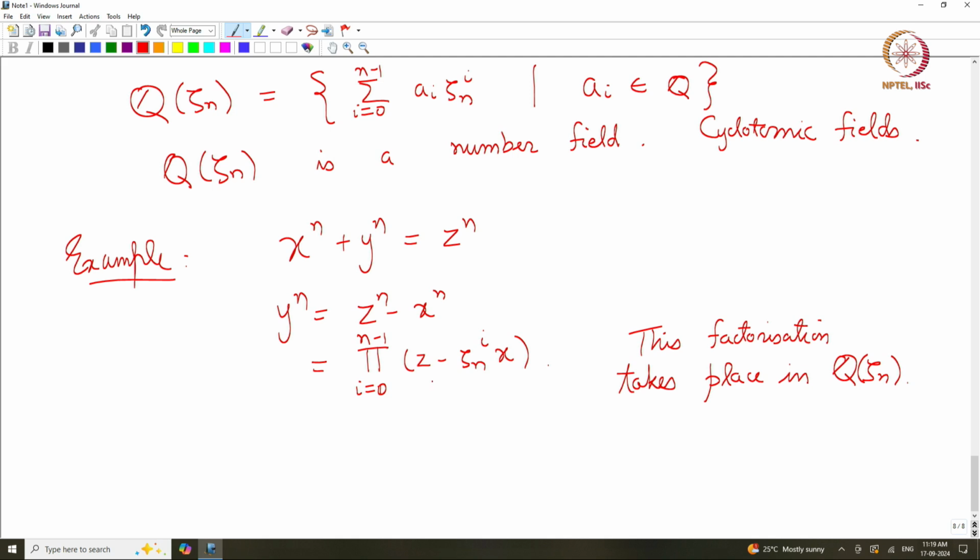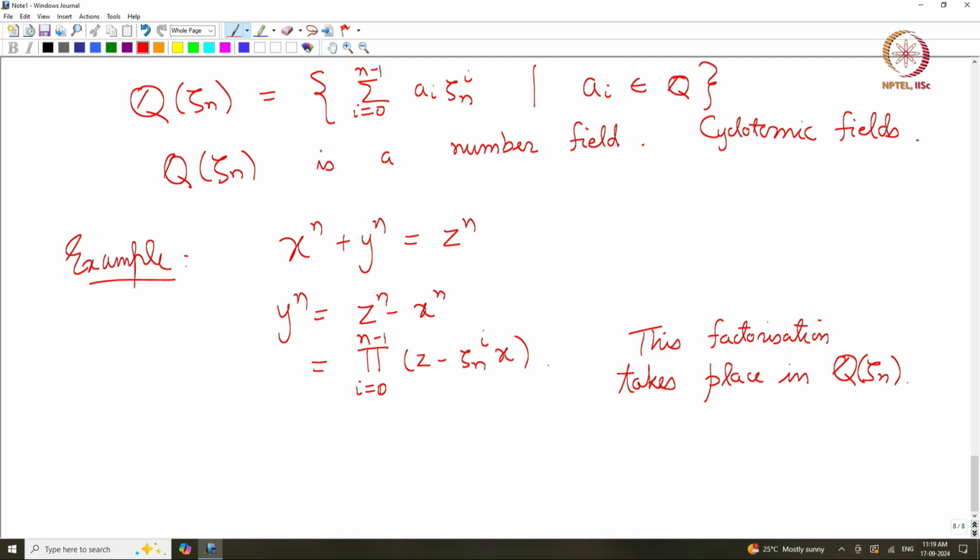Then we may hope that on this side all these numbers that we are taking the product of are co-prime in some sense. And if the product of co-prime integers is an nth power, then each of those integers should be an nth power.